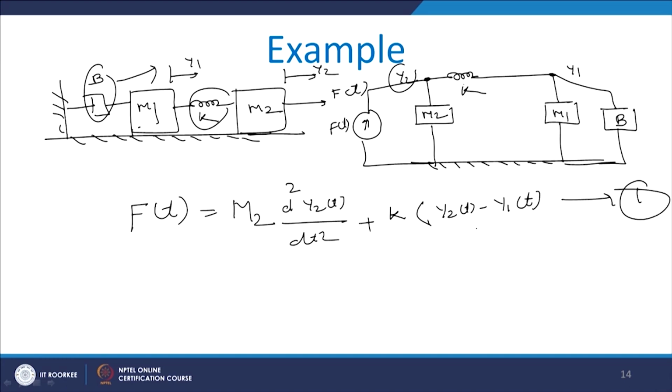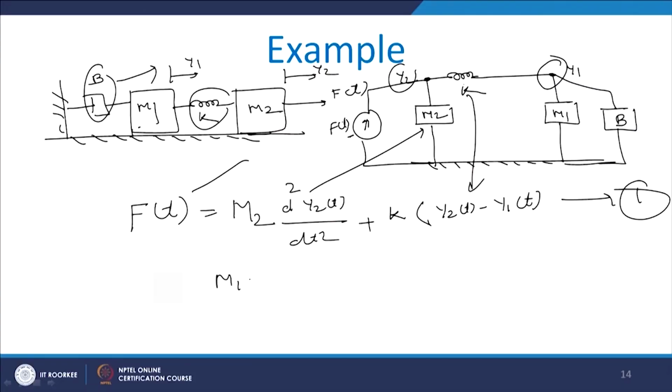So all these things we have shown: f of t, then this mass, and this spring part. Now, applying the force equation to node y1. So for node y1 we write m1 d square y1 of t by dt square. For this mass at y1 the applied force is 0.